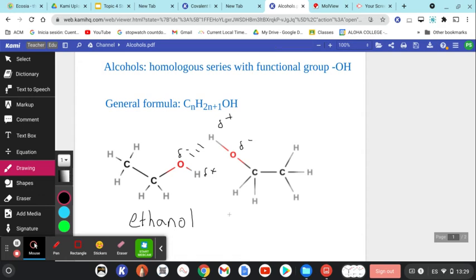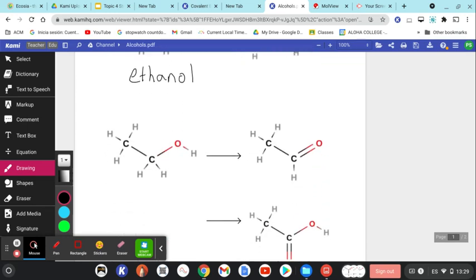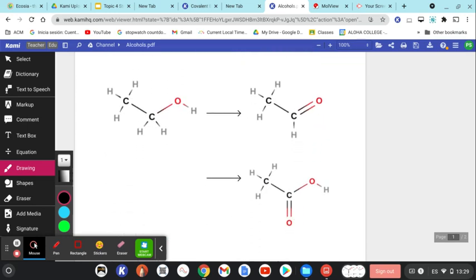Now, what kind of reactions do alcohols undergo? The most common reaction you're going to see is called oxidation. Ethanol can be oxidized to an aldehyde. What do you need to do to make that happen? You need to use an oxidizing agent, which usually is a dichromate ion, so sodium dichromate, for example. To make that easier in equations, sometimes we summarize it with the brackets and O, indicating an oxidizing agent.